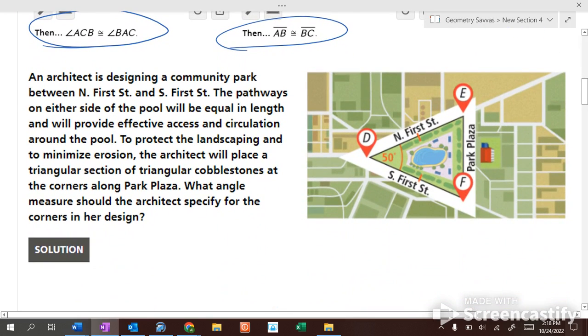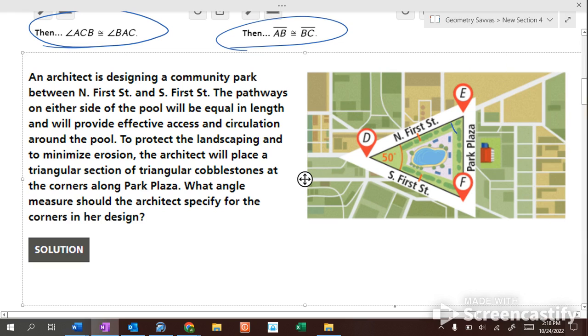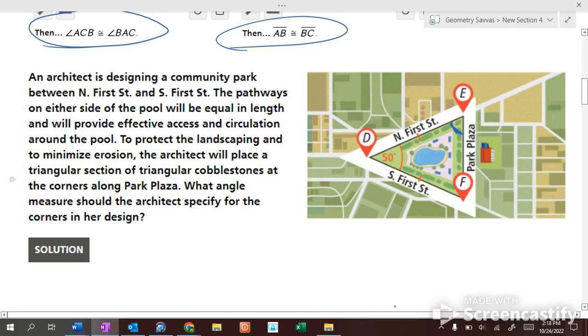So, here's a little picture. You got North 1st Street, South 1st Street, and Park Plaza. How big are angles E and F? Well, to figure that out, we know these two sides are congruent, and this is a 50-degree angle right over here. How many degrees are in a triangle? 180.